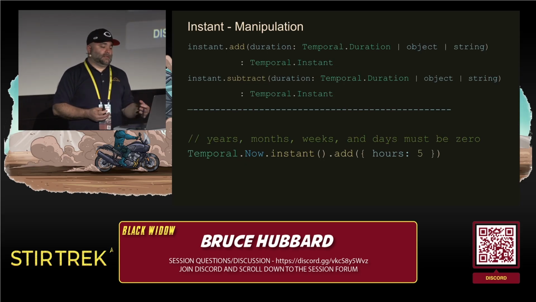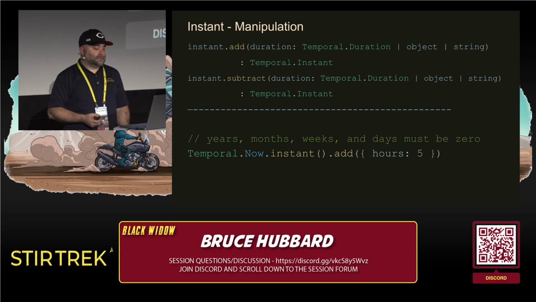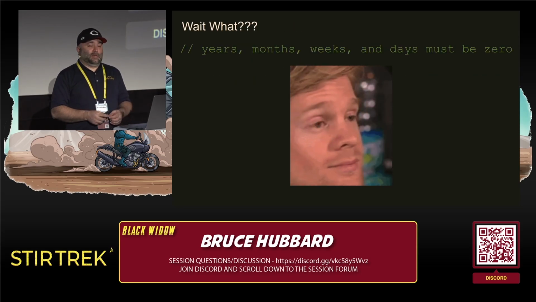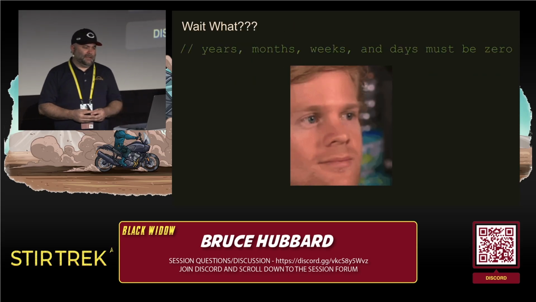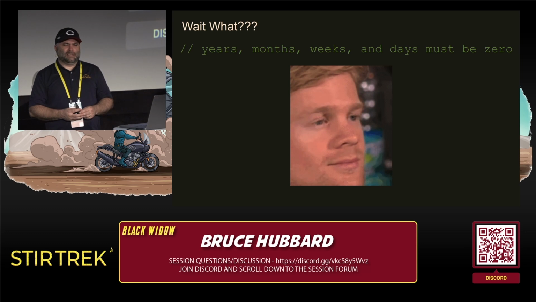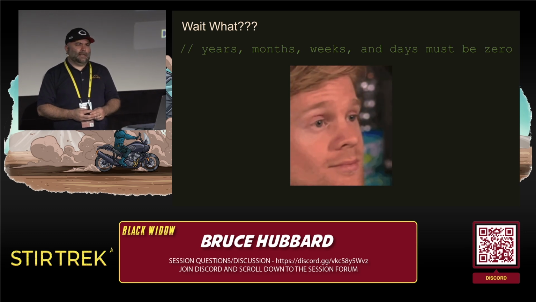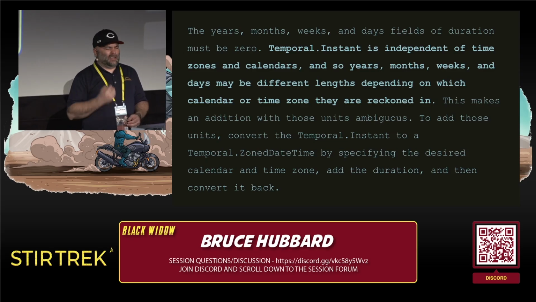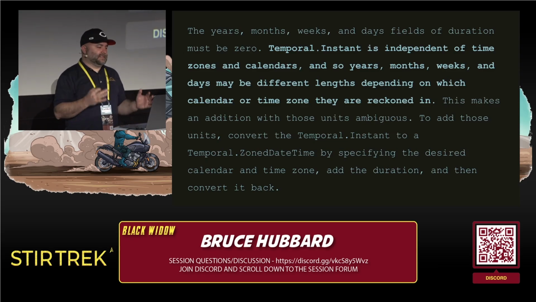For instant, you can add seconds, minutes, and hours, and then it will return a new instant that has the new value. Now you may have seen the comment above that line and made this face: years, months, weeks, and days must be 0. Why? That's weird. This is one of those quirks that I was talking about. I made the same face, and then I found this in the docs.